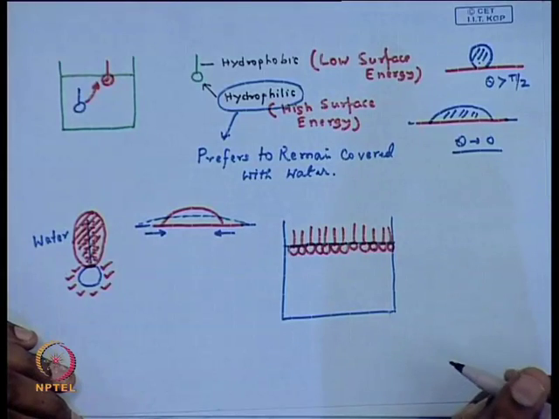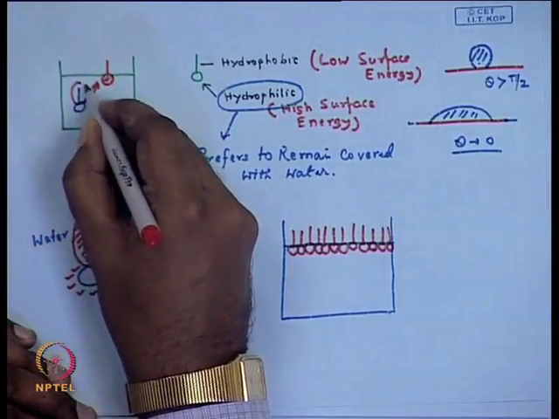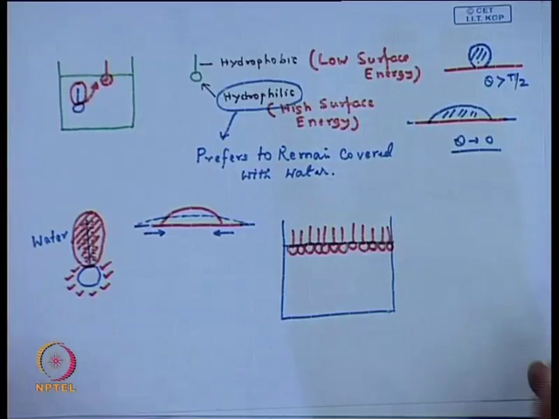Now, if you add more molecules, what is going to happen? There is a possibility. So, what is the motive force? The motive force is, since the liquid is water and the tail group does not like it, the tail will try to stay away from the water.